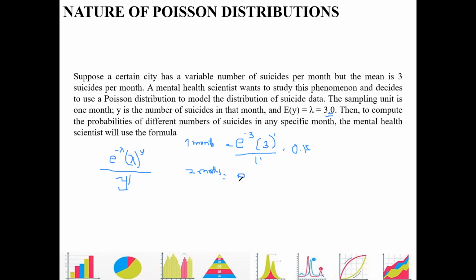So that is e raised to negative 3 multiplied by 3 raised to 2 over 2 factorial. 0.22.